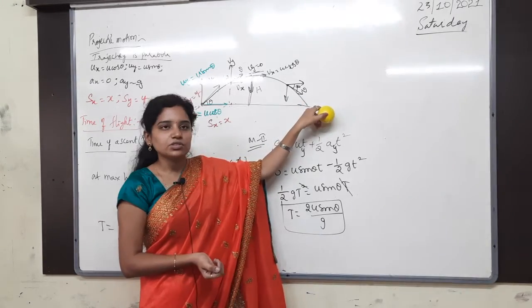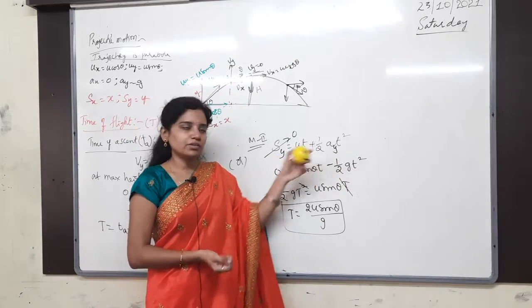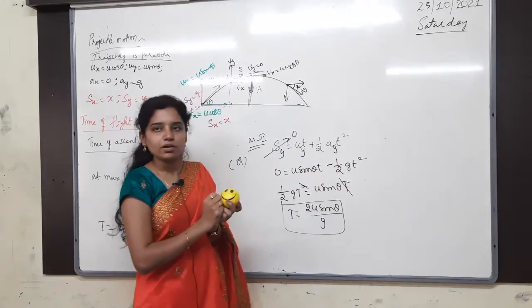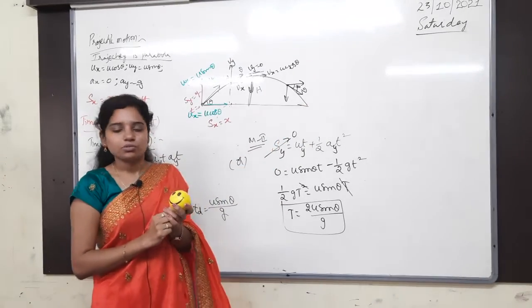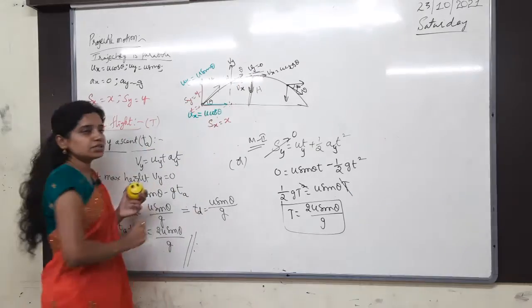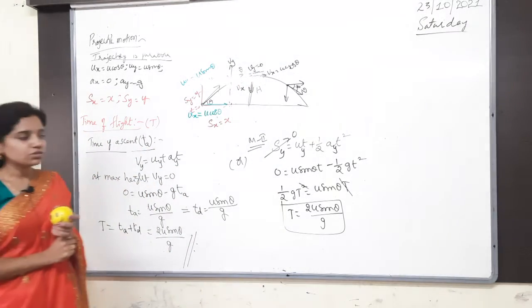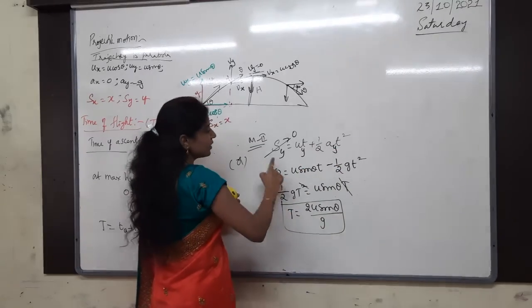So here height is 0. So sy is equal to 0 here. You can use only this formula because finally displacement becomes 0. So here sy is equal to uyt plus half ayt square.